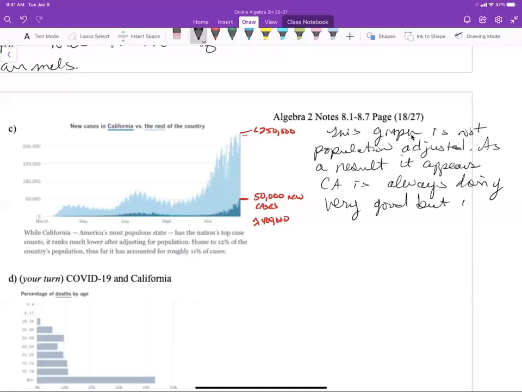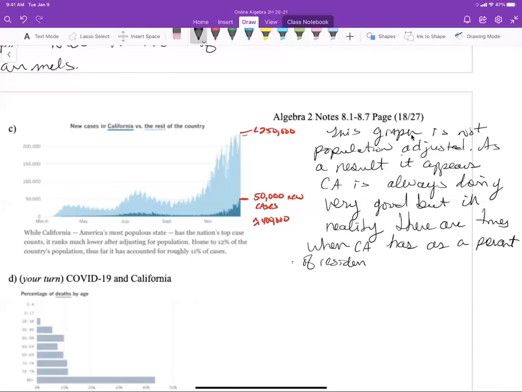But in reality, there are times when California has, as a percent of residents, a much worse case count.